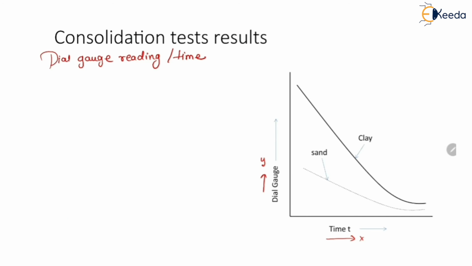When we apply a certain pressure, say sigma 1, to the soil, its thickness goes on decreasing. This decrease in thickness is measured with the help of the dial gauge. So decrease in dial gauge reading represents decrease in thickness of the soil sample.